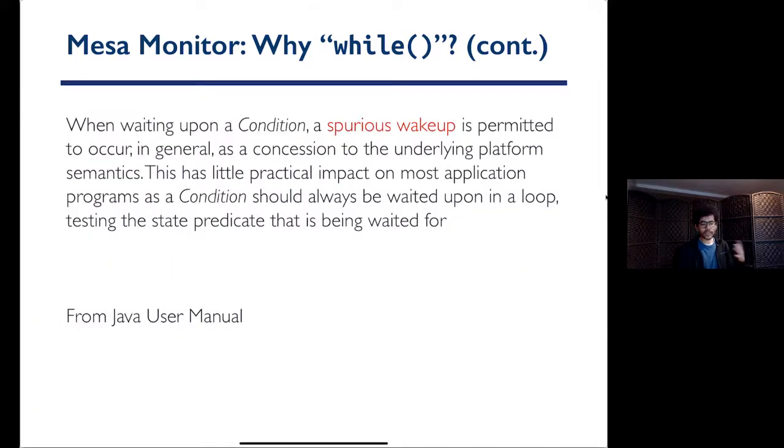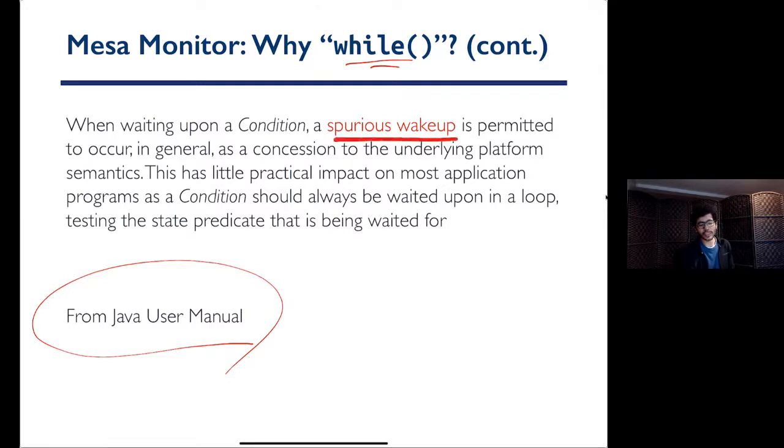Now, another reason for you to use while instead of if is what you can see here from the Java user manual. It states that you might actually wake up for no reason, even without getting a signal.